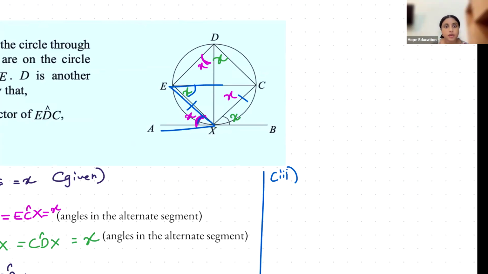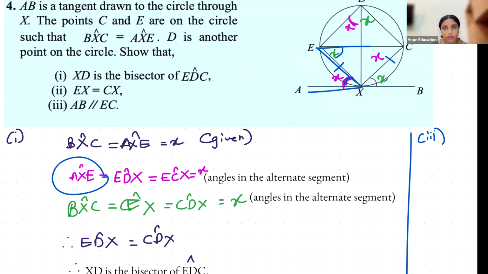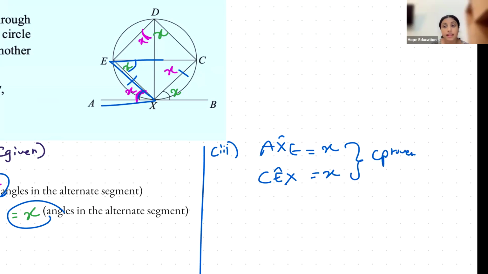Okay. So here we said AXE is equal to X, and then CEX is also equal to X. AXE is equal to X. CEX is also equal to X. You can just write proven above. If you don't use algebraic symbols, children, this is a rather lengthy answer.